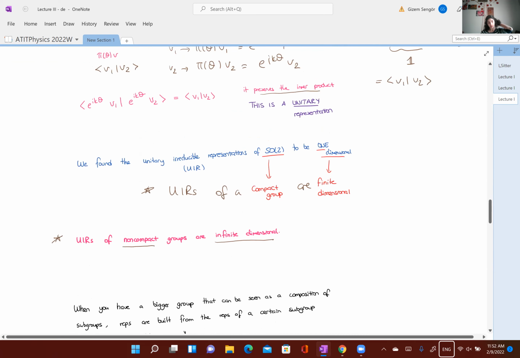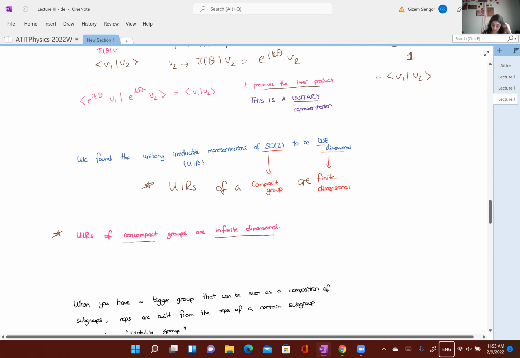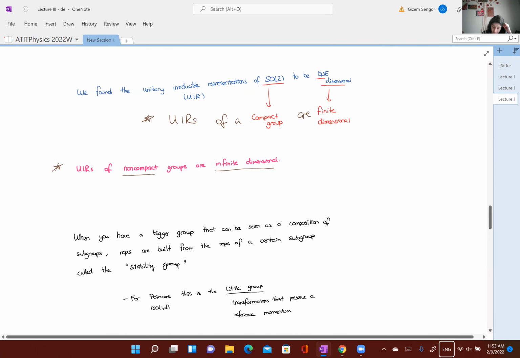Now, we could just construct these SO(2) representations because SO(2) was a simple group. It didn't have any further subgroups. But what happens if we have a bigger group that's composed of more subgroups? Then there is a technique. You look at a certain subgroup of that more structured group that's called the stability group.